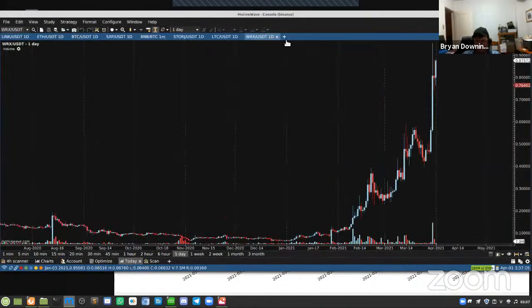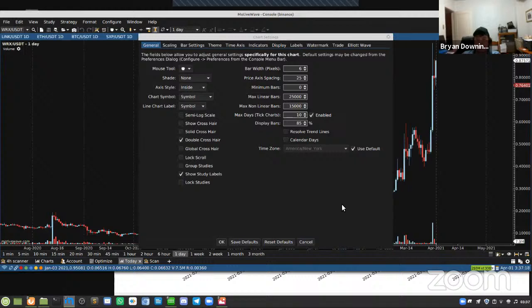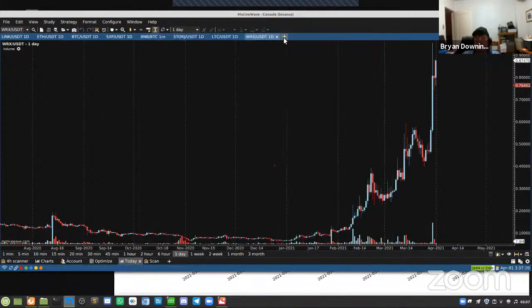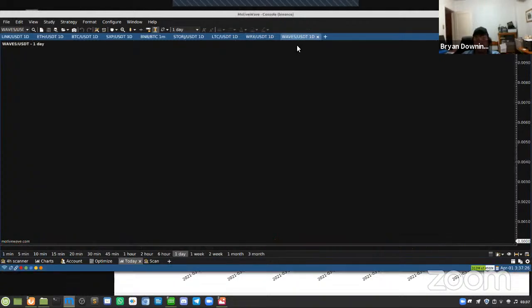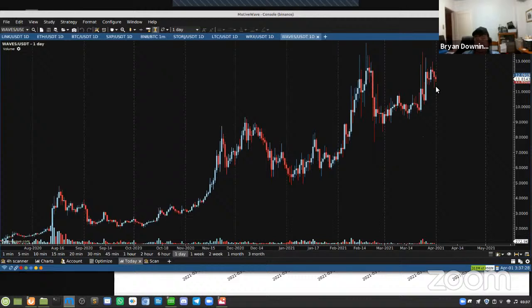This one has moved a little bit. There's some clear winners here. So waves, how's that looking? Kind of weak. We have here another one, FTM.